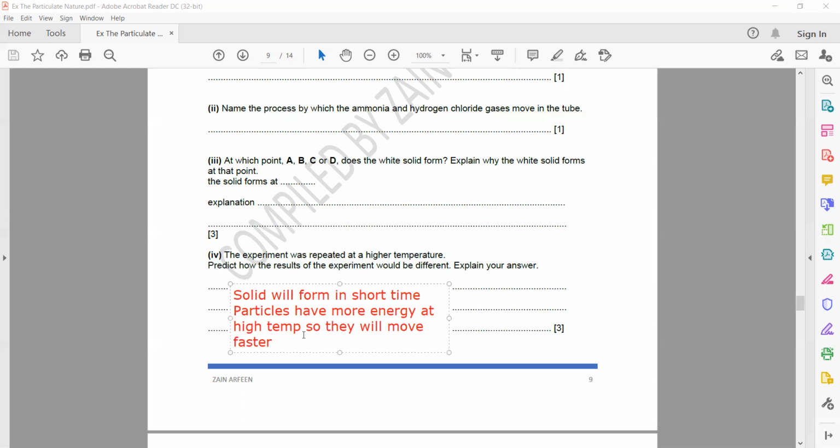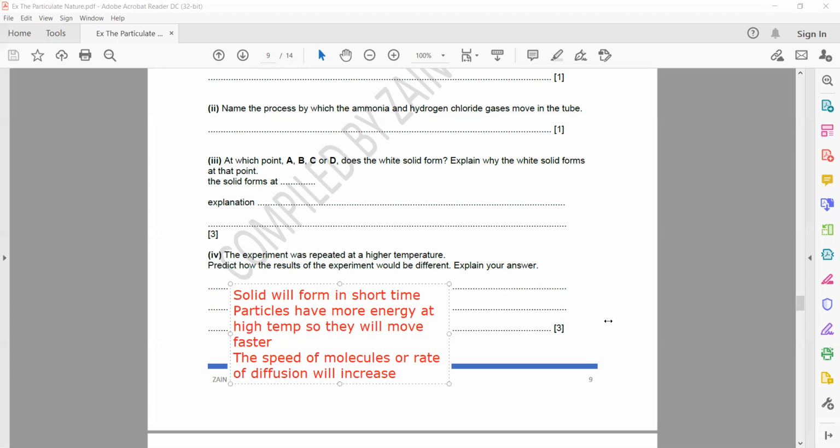That is the second mark. And what about the third one? The speed of the molecules, or rate of diffusion, will increase. That is the third mark.